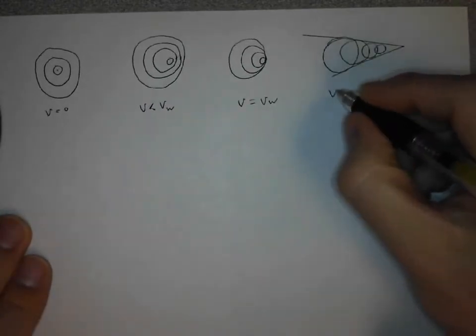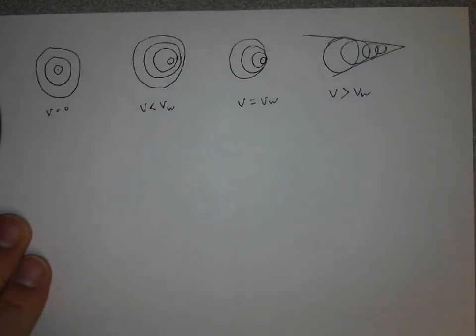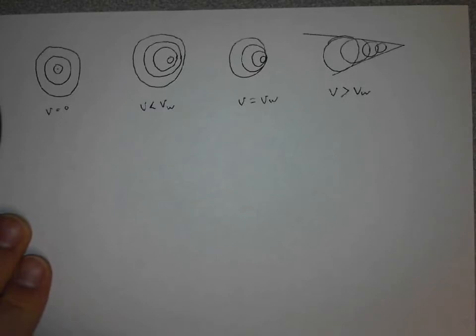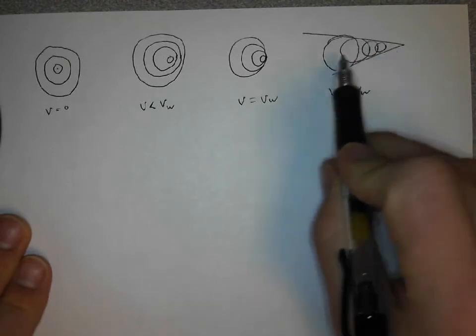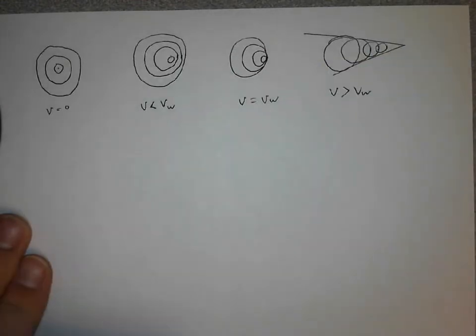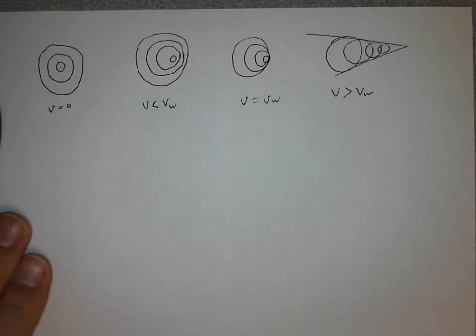That's where the velocity of the object is greater than the velocity of the wave. If you ever watch the slow-mo videos, the Slow Mo Guys have several videos of shooting bullets into water, and you can see these bubbles forming like this in the water, and that's a pretty good representation of what it looks like.